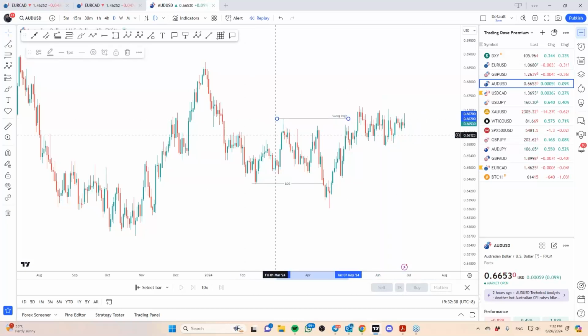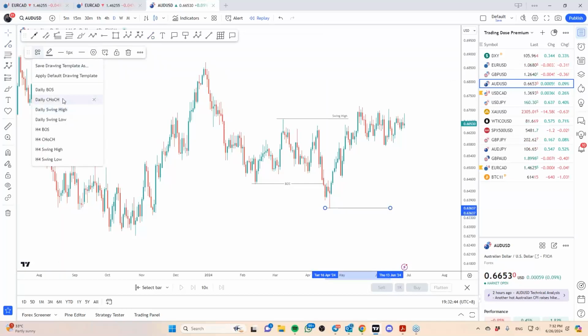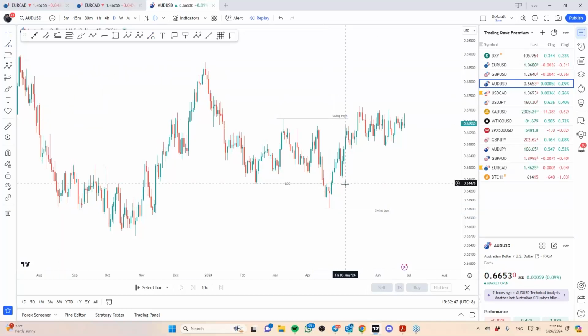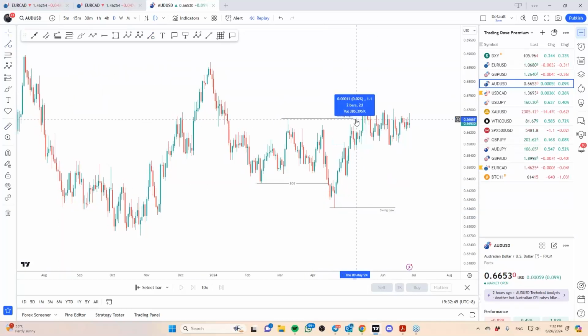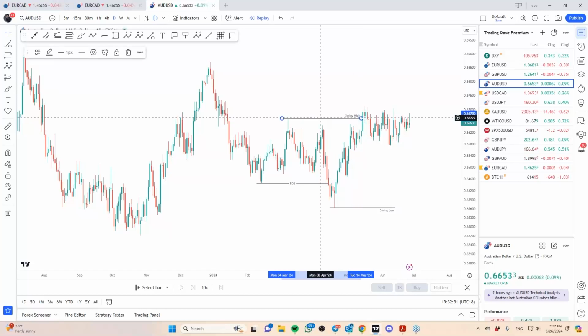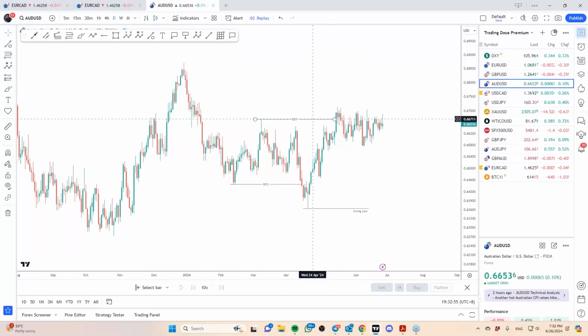Can you follow that? Okay, and then the market decides to pull back, and that would form a swing low here. But of course, as the market goes back up, you realize that it has taken out our previous swing high. So this becomes our break of structure, or initially a bearish move. We call this a change of character.